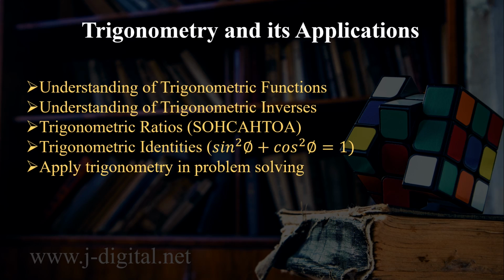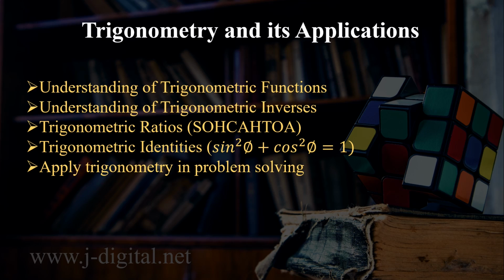So our next section involves trigonometry and its applications. Here you need to understand trigonometric functions, which include sine, cosine, tangent, and then their inverses: arctangent, arcsine, arccosine. You also need to know trigonometric ratios. You should be familiar with SOHCAHTOA.